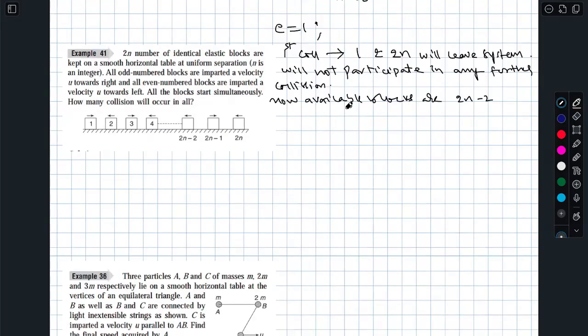Now the available blocks are 2n minus 2. How many collisions will happen now? There will be n minus 1 collisions. How many collisions happened here? Initially n collisions.